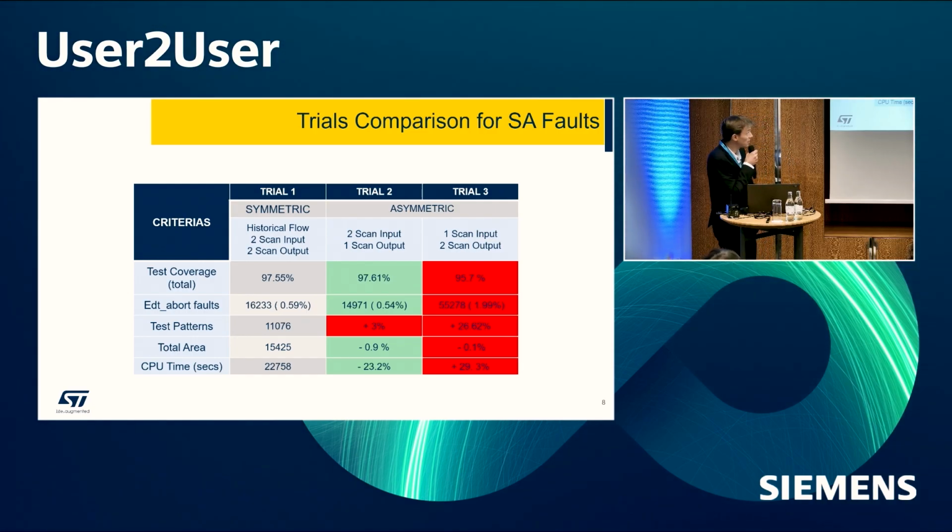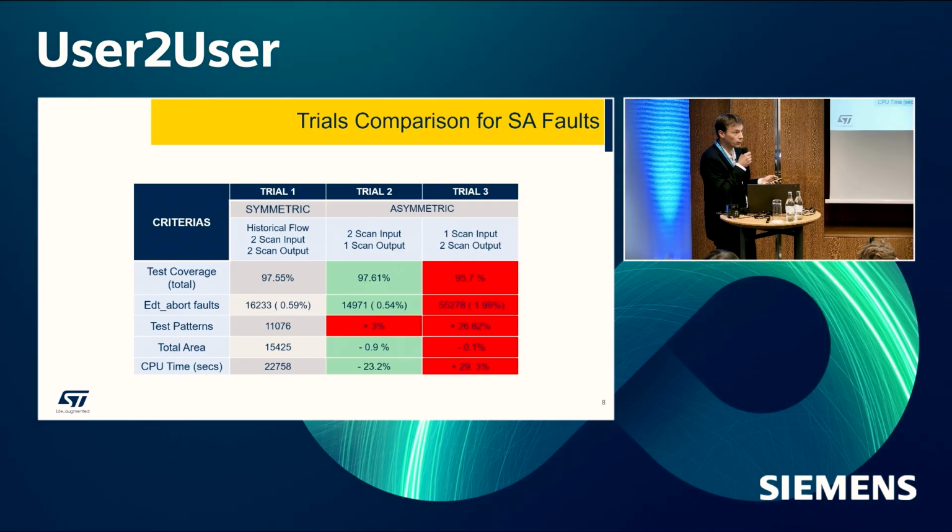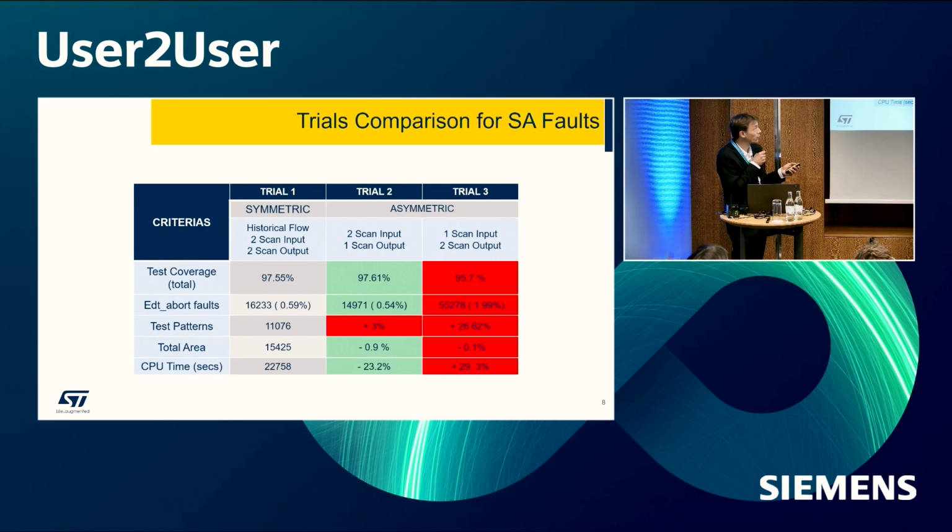So you see in this table, the first trial is basically the reference, what they used to do in the past, where we have a symmetric implementation with 2-channel in, 2-channel out, compared to those 2 additional trials with an asymmetric implementation, 2-channel in, 1-channel out, and the opposite. The criteria are the following: test coverage, of course.